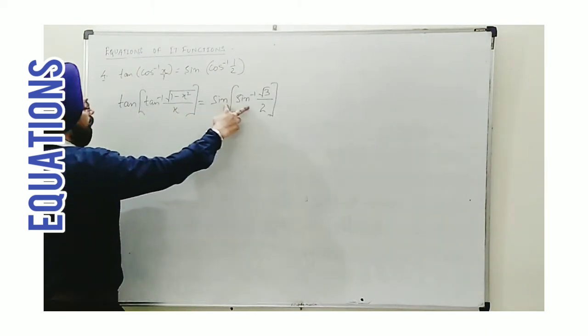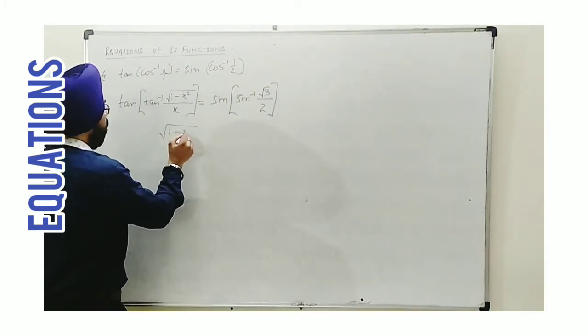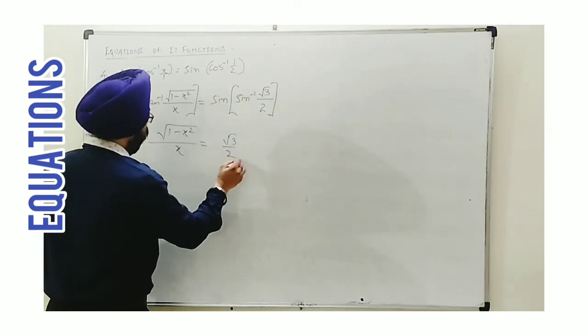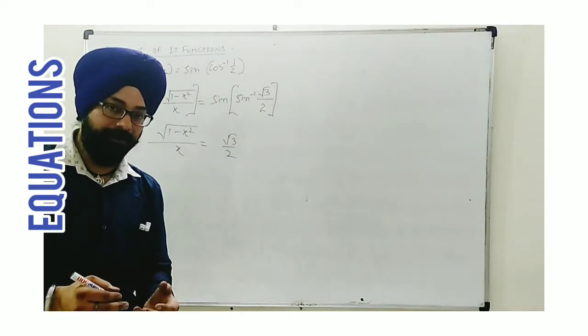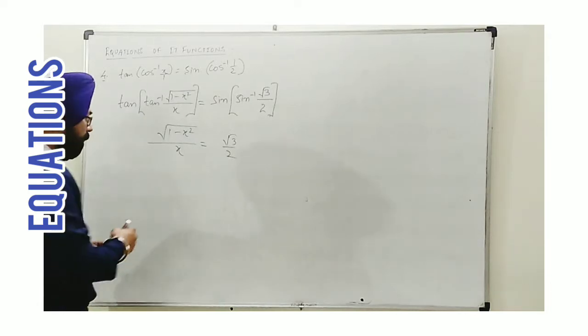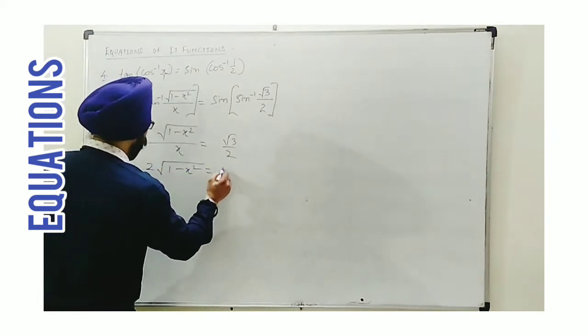Now, applying law of cancellation, we can cancel the array of functions, and we are left with under root 1 minus x square upon x equal to root 3 by 2. Now this comes to the general form of which we are habitual. We can solve this by methods. Now first of all we will cross multiply, twice of root 1 minus x square equal to root 3x.